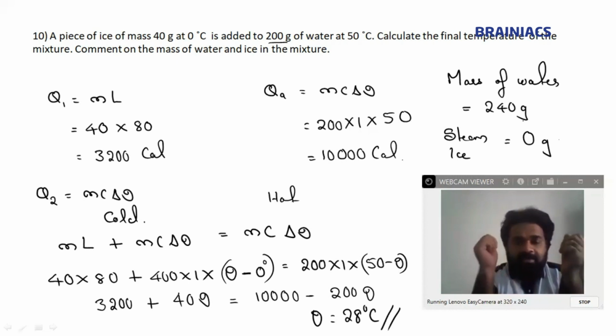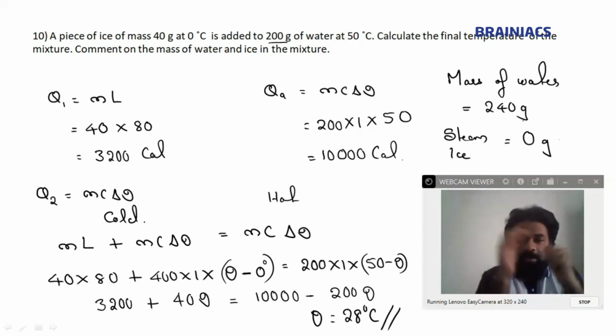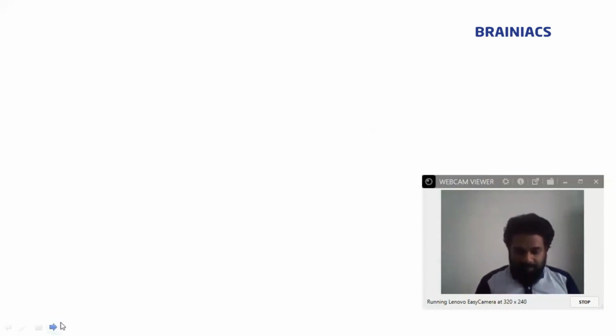Okay, big difference is there. This side, water at 0 degrees Celsius, definitely it will take some heat and it will convert into water at a temperature. So mL plus mc delta theta is equal to mc delta theta. We will equate, we will find the mixture temperature. Okay, so you must practice these kinds of problems again and again, then only we'll get the crux. Next question.